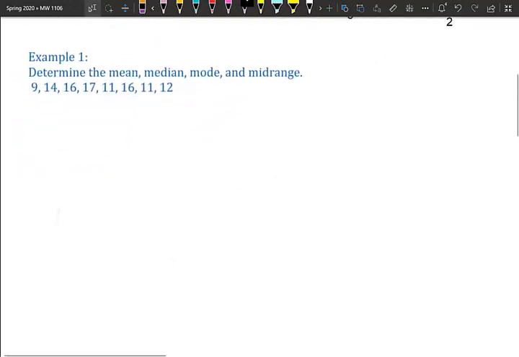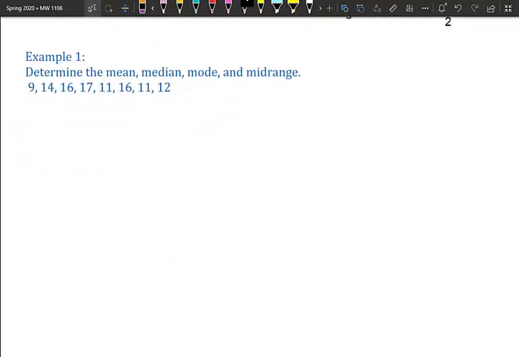Alright, let's go ahead and find the mean, median, mode, and mid-range. First things first, let's find that mean. So the mean, which just means bar x, and that formula is summation of x over n.